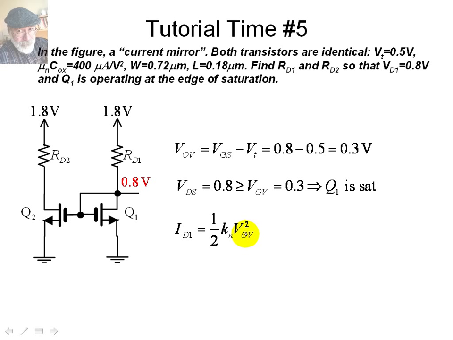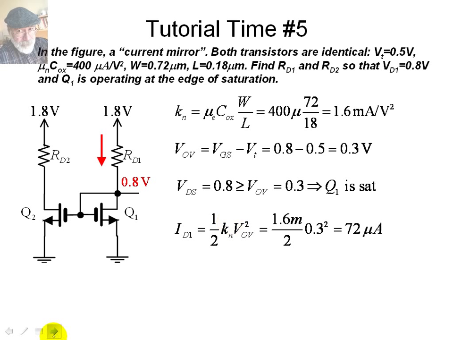We know the overdrive voltage, that is 0.3, and we can compute the drain current. Kn is given here at the top, 1.6 milliamps per volt square. And then we replace that here and compute the current in the drain of Q1, that is 72 microamps, this current up here.